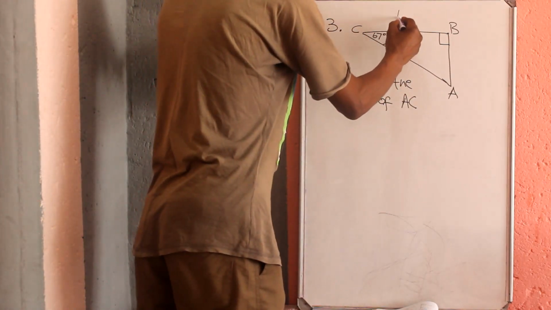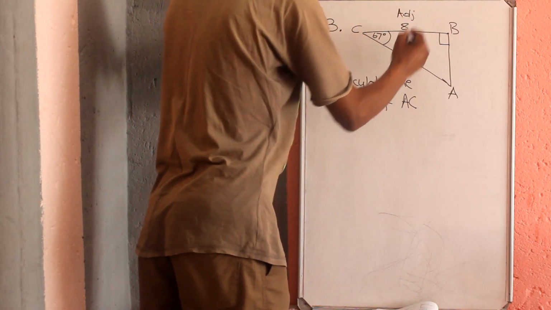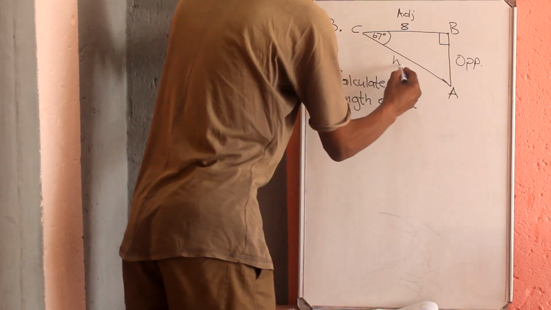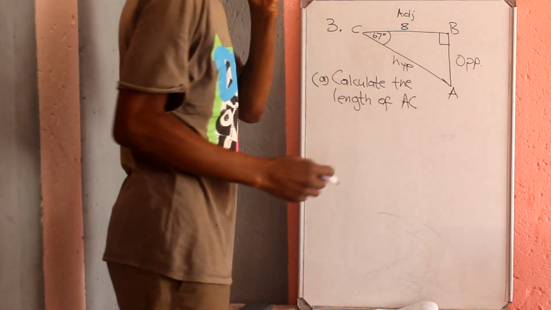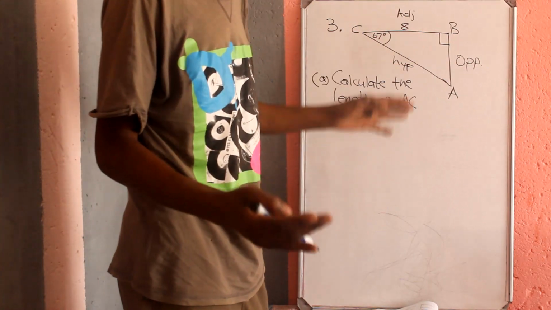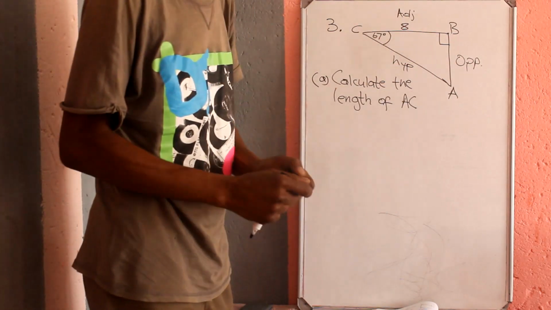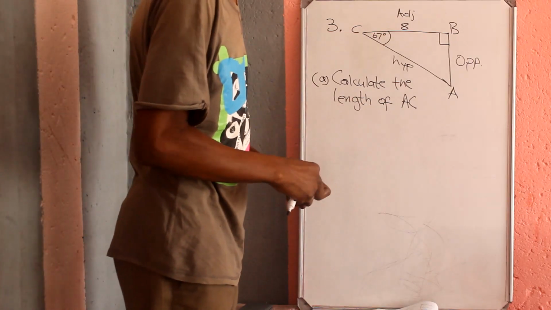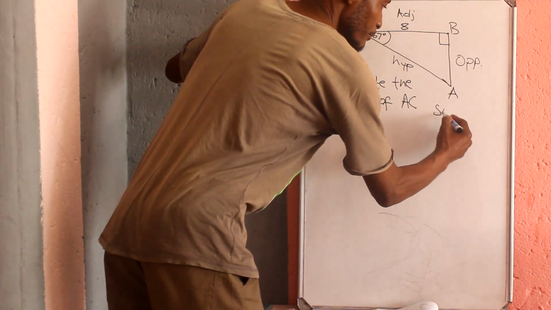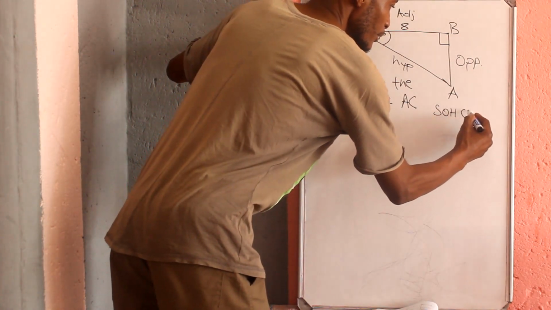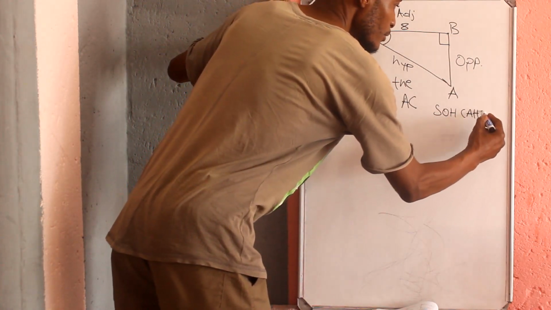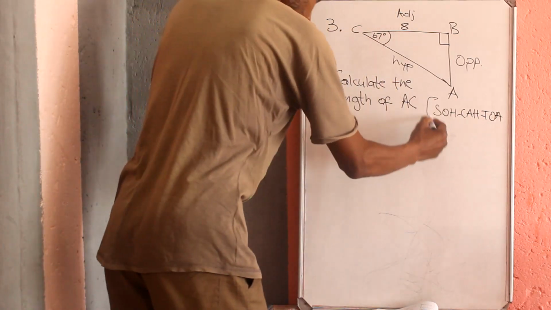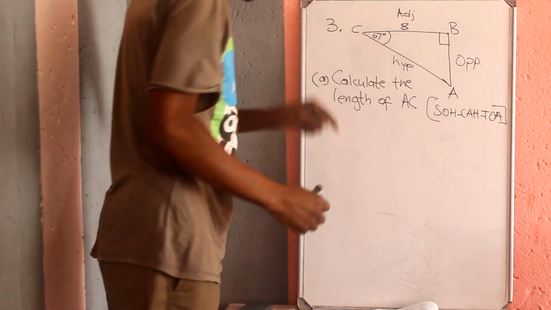Remember, this being the adjacent side, the opposite side, and the hypotenuse. As a basic rule, always try to label those sides so that you are able to work around the SOHCAHTOA acronym. Alright, let's just put that in brackets.